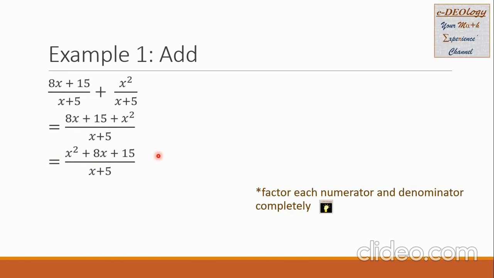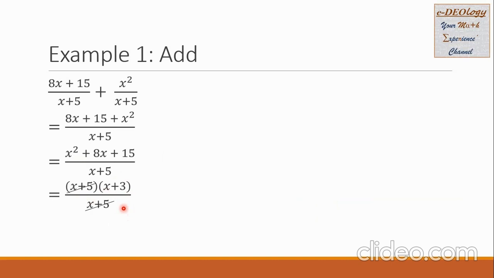The numerator can be factored into x plus 5 times x plus 3. The denominator is already simplified, so we'll just copy it down here. And then we can see that the x plus 5 is common to numerator and denominator, so we can cancel it out. So when we do that, only x plus 3 remains. So this is our final answer.